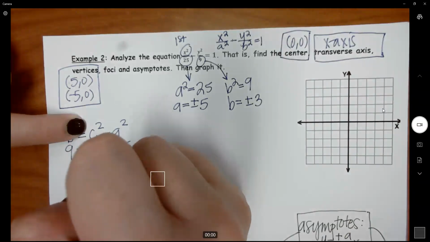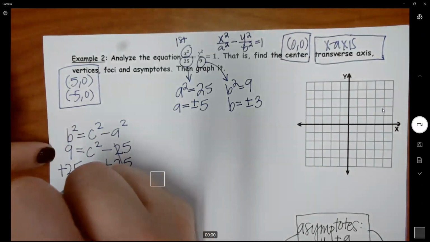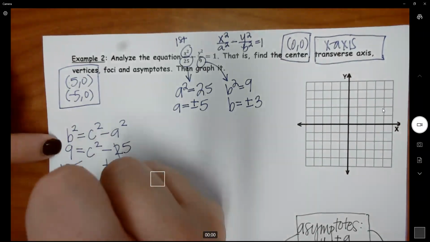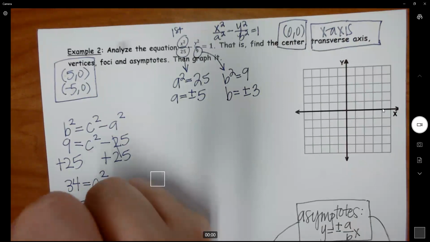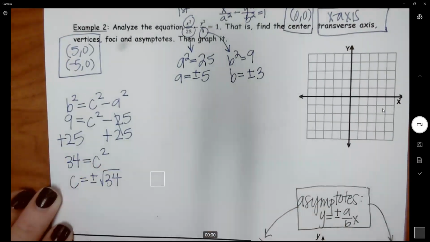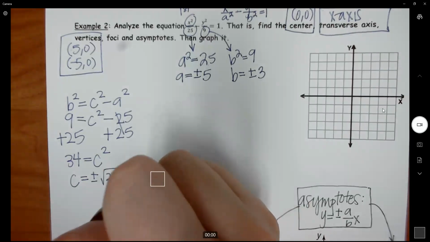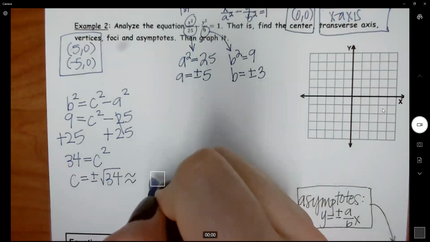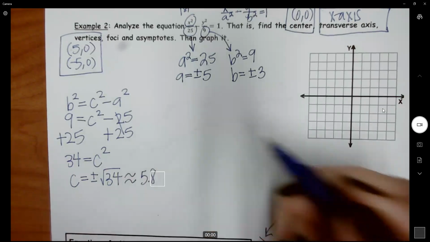So let's add 25 over, and we get 34. So then c equals plus or minus the square root of 34. And that's 2 times 17, so that doesn't get broken down. But that means that c is about 5.8.